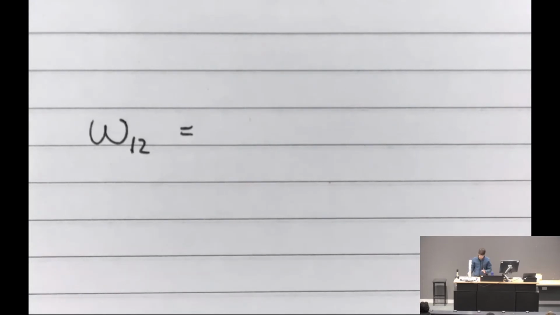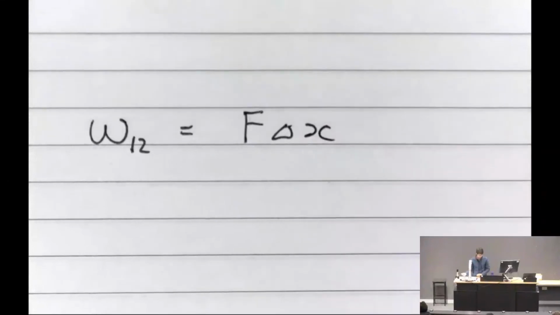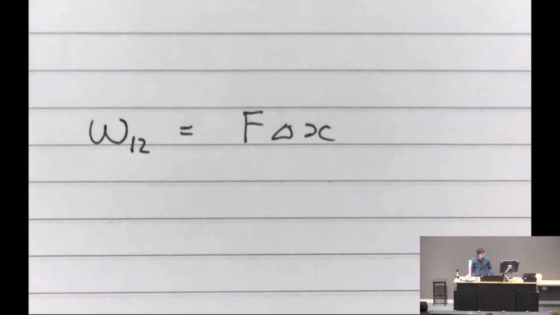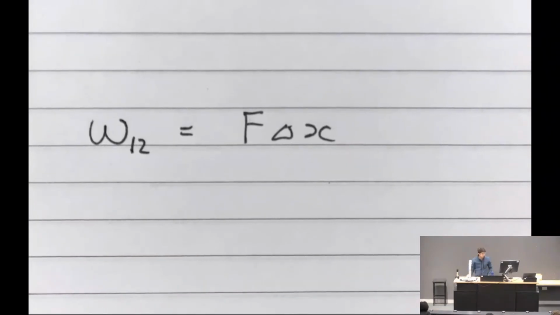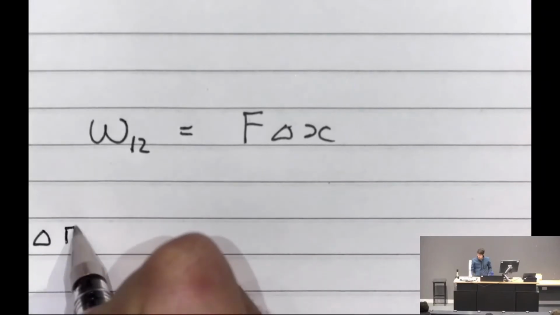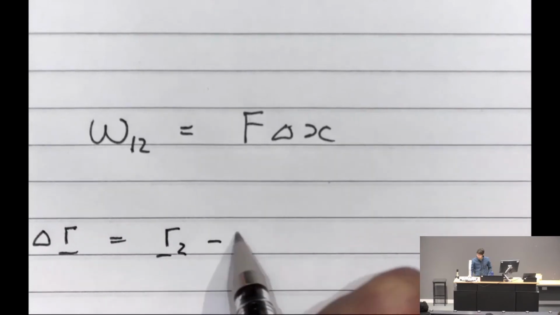Work from point 1 to point 2 is the force times the change in displacement. So we know it's moving downwards. We get our position vectors R1 and R2. We want the delta, and delta R in this case is vector 2 minus vector 1.